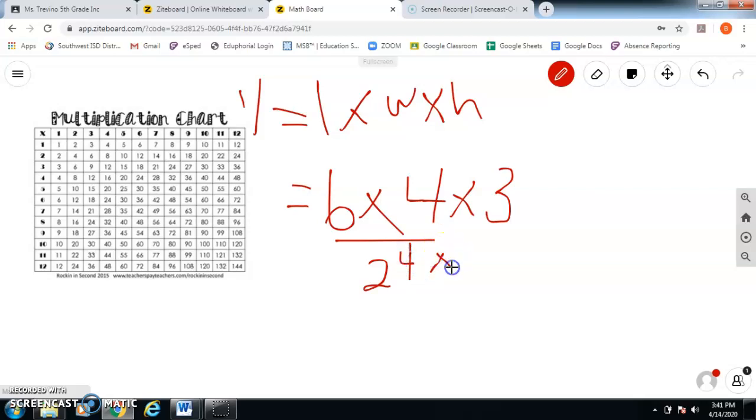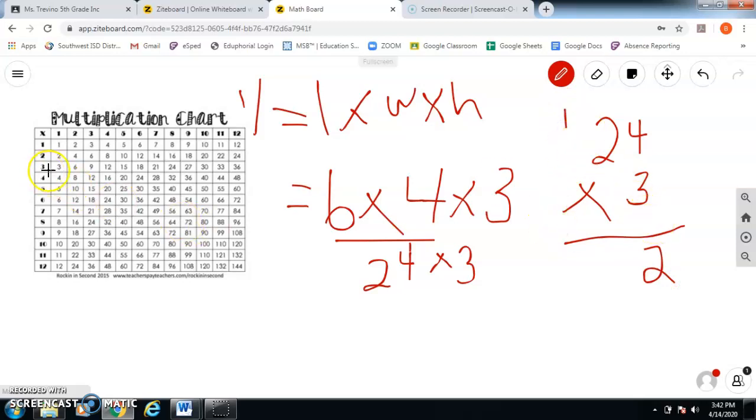times 3. Okay, so now we have 24 times 3. Okay, so now looking at it, 3 times 4, you come back to your multiplication chart. We have 3 times 4 is 12. Carry your 1. 3 times 2, 6, plus 1 is 7.